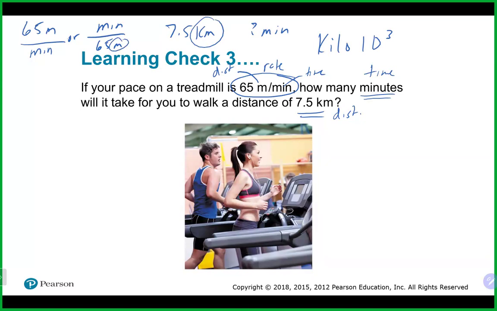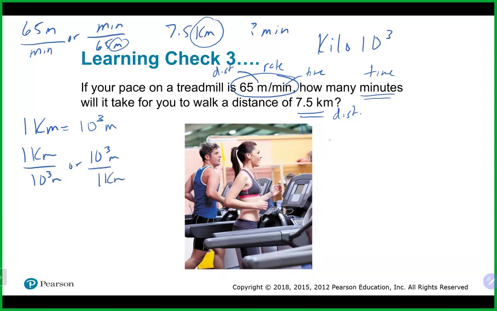So we do need to get them into the same unit. So I'm going to convert kilometers into meters. Once again, here, that would mean 1 kilometer is 10 to the 3 meters, which will give us 1 kilometer over 10 to the 3 meters, or 10 to the 3 meters over 1 kilometer.